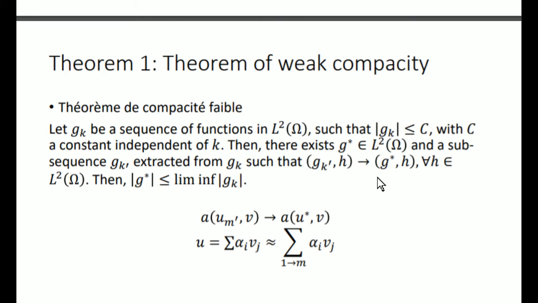And this will be quite useful, because here we'll use it on the operator a, and we will use a sequence u_m prime, and it will converge to a function u. And the function v, as we said earlier, it must hold for all functions v, so it doesn't matter what h or what v is. They are called test functions. Their value does not matter.